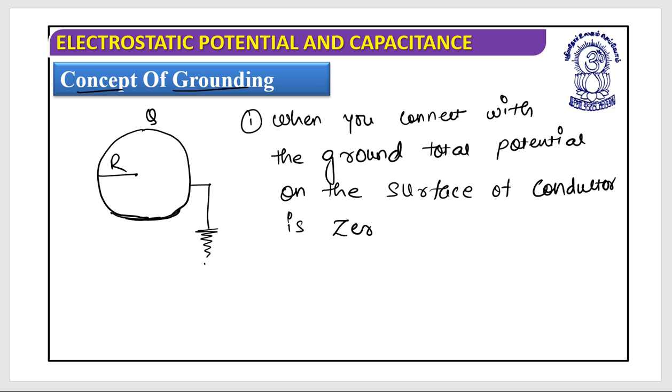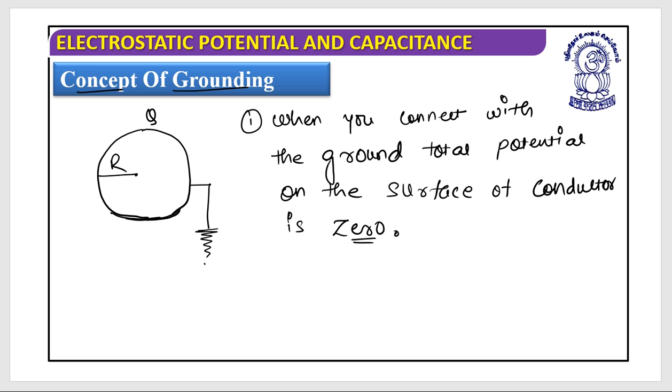Yes, this is the first and foremost understanding, that when you connect any sphere with the ground, the potential on the surface of a conductor would always be zero. Yes, I hope you remember.